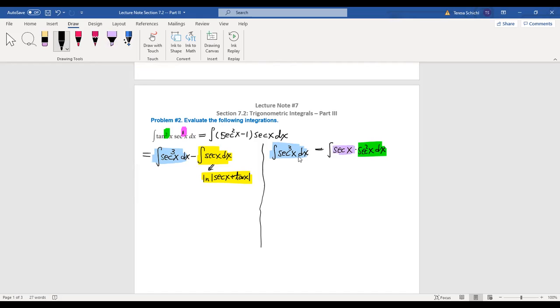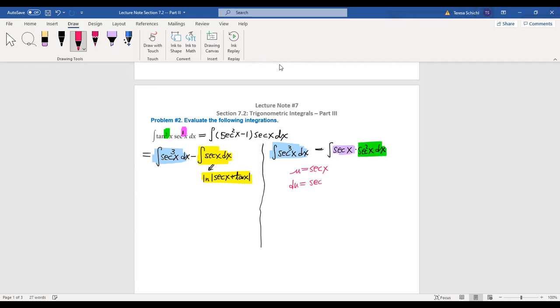Maybe, as I mentioned in the previous video, we need to integrate by parts. This green part I already know how to integrate, because the integral of secant square is tangent, right? So let's do the u and v. I will say u is equal to secant x. So what is du?